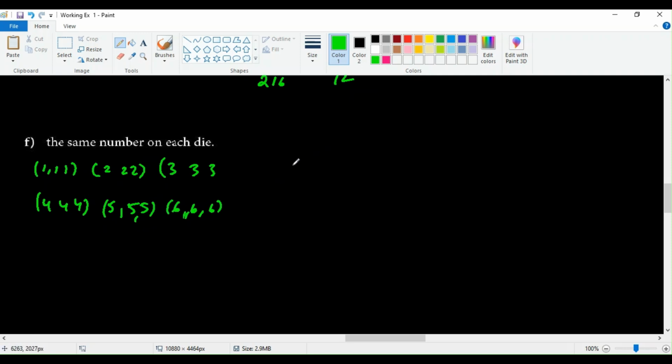So there are 6 possibilities out of 216. So it's going to be 1 over 36 as the answer for this part.